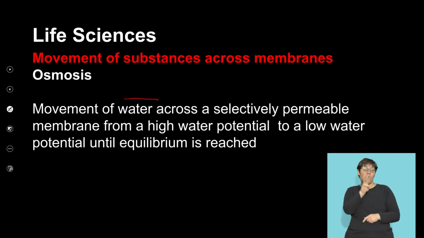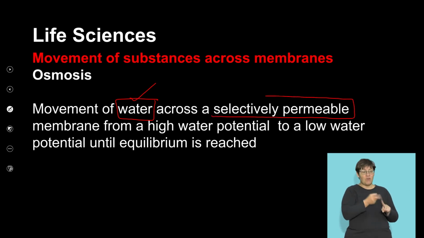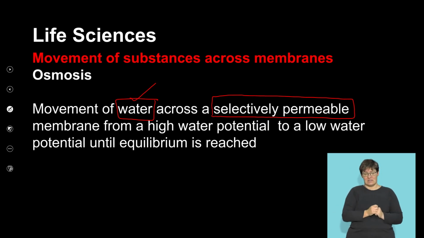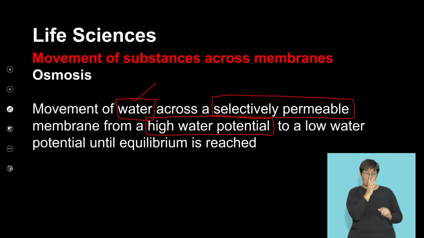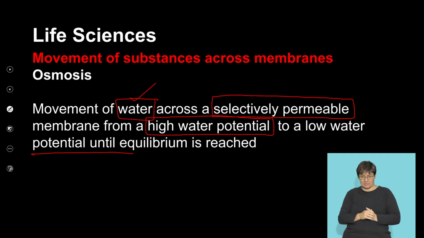It's the movement of water, very important. Now, where does that water move across? It must go across a membrane. Diffusion doesn't have to go past a membrane, but it must move from an area of high water potential, lots of water, to an area of low water potential, a little bit of water.